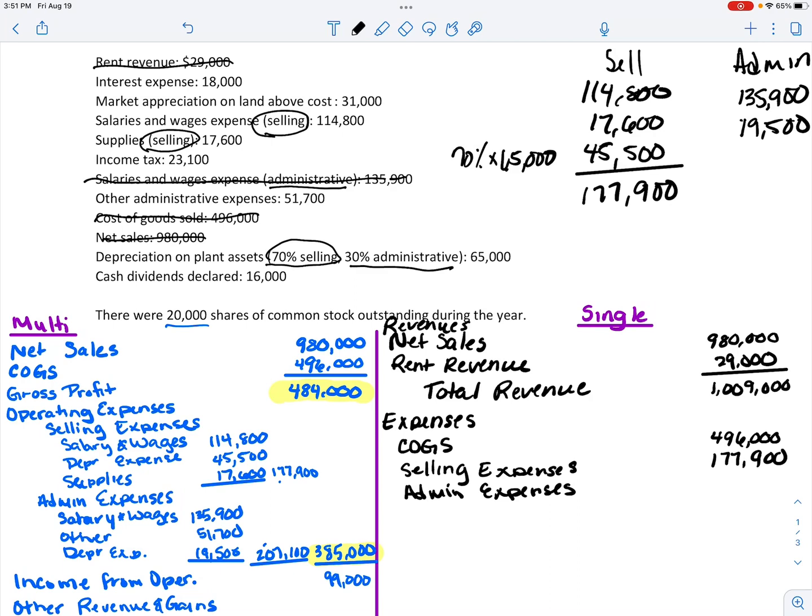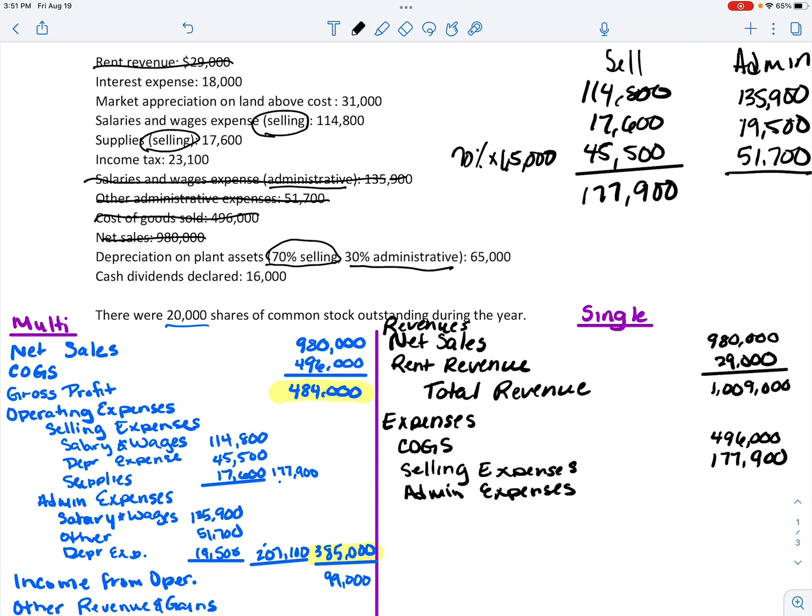And then I'm gonna add in the other selling and administrative costs, which are the $51,700 right here.